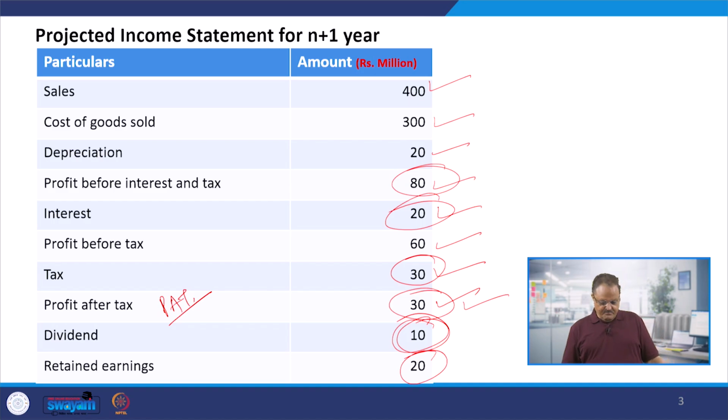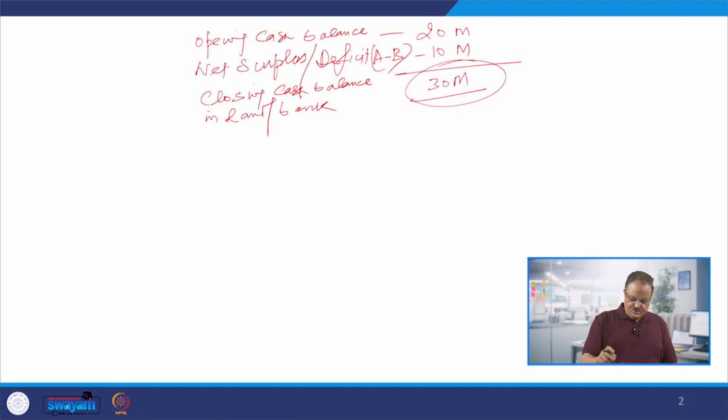But here one important point, the cause of concern, is that in the cash flow statement, the difference between A and B for the year N plus 1 is only 10 million, right? The surplus we have got is 10 million. So had this 20 million in the current period not been there, then the closing cash balance of 30 million would not have been there.